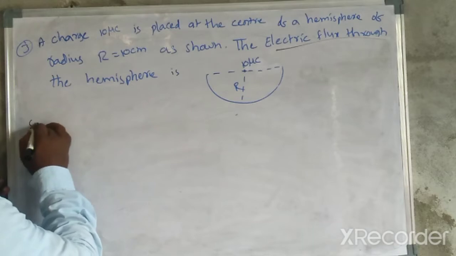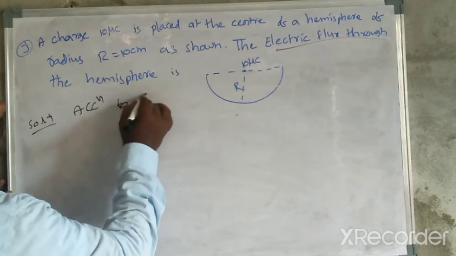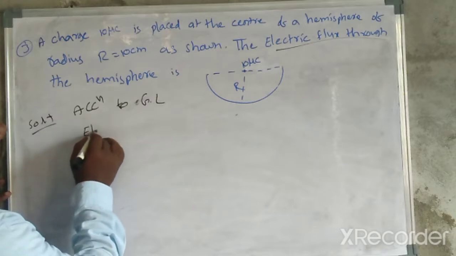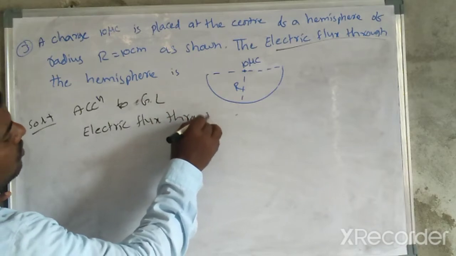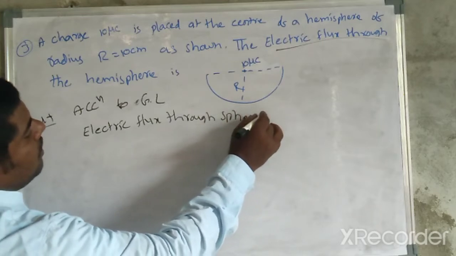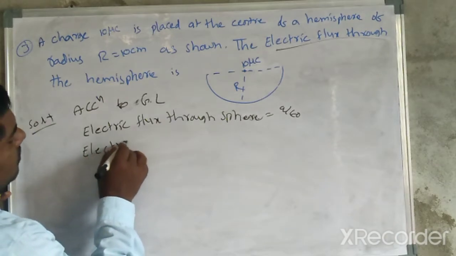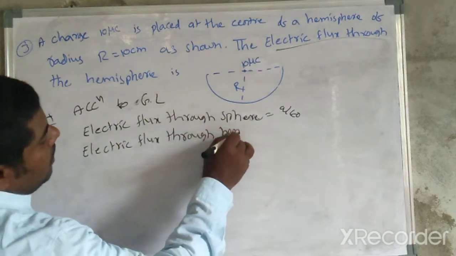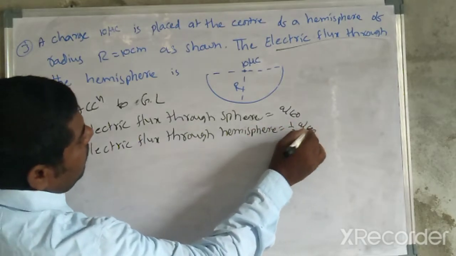So according to Gauss law, the electric flux through a sphere is Q upon epsilon naught. So the electric flux through a hemisphere is 1 by 2 Q upon epsilon naught.